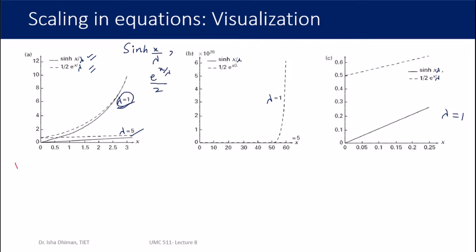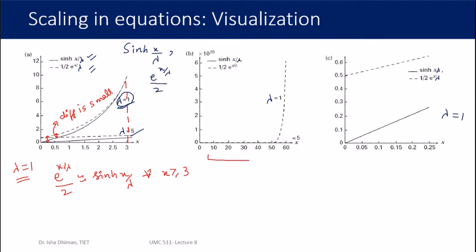For lambda equals 1, we know from the calculations just done that this is approximately equal to this for all x greater than or equal to 3. So you can see from A that for x greater than 3 they are equal, but for x less than 3 there are differences in the graphs. The difference is small.